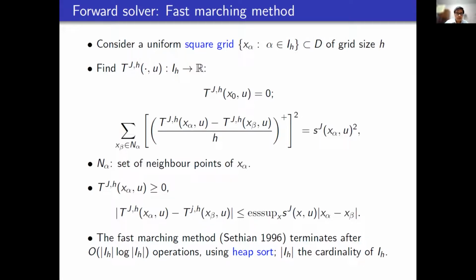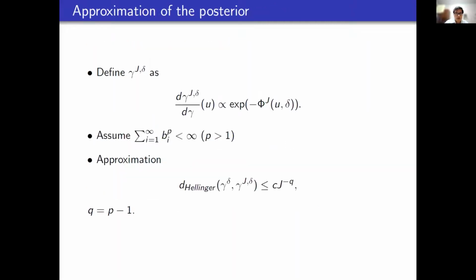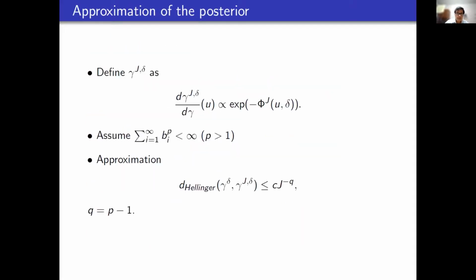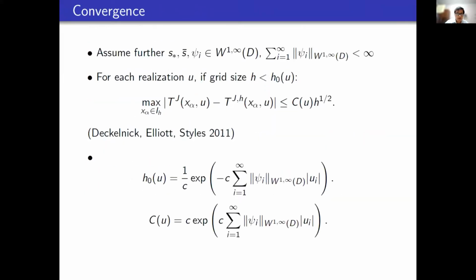But in order to get the rate for the forward solver, we need to assume that the slowness F_j belongs to W^{1,∞}(D). So that is, the function S star, the F bar, and the C_i here, all of them are in W^{1,∞}(D).